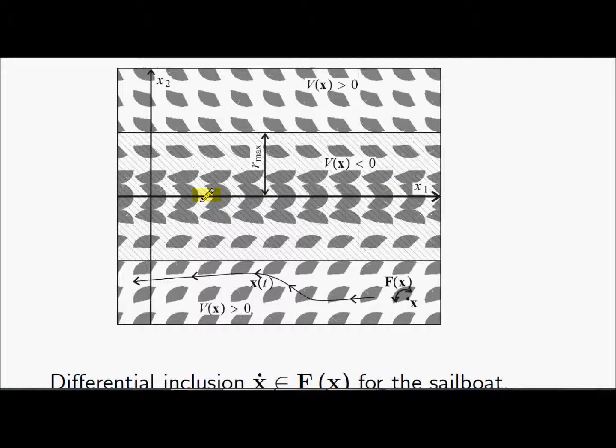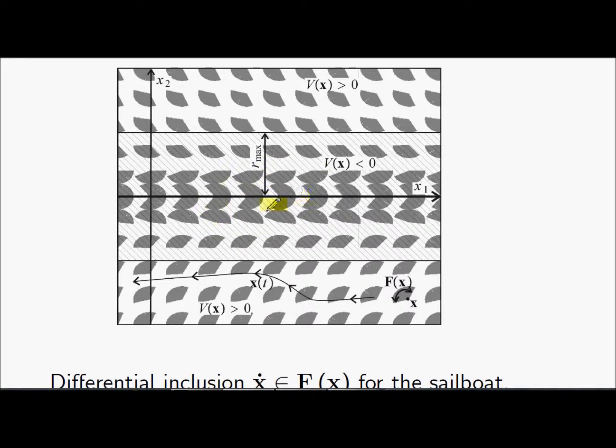Here, I have an illustration of the differential inclusion. For each point x, I have the set of all possible f of x. In this case, I can have some solution, such as this one, which satisfies the differential inclusion, but we can see that we are not attracted by the corridor, by the set which corresponds to V of x negative.